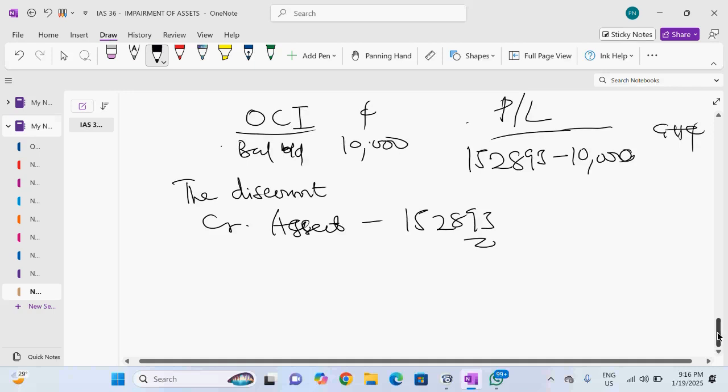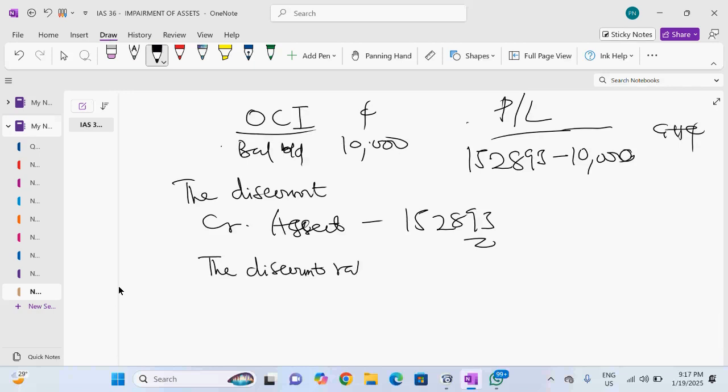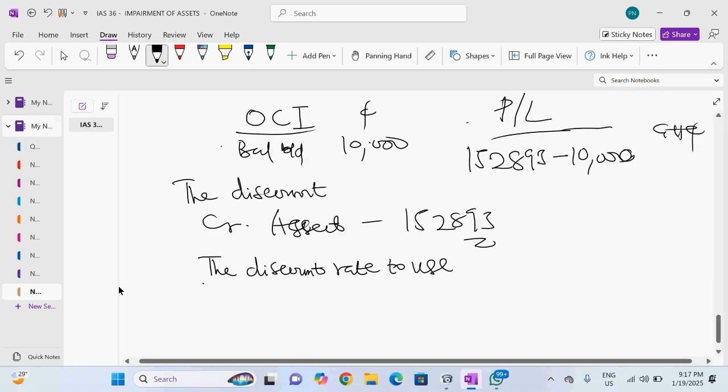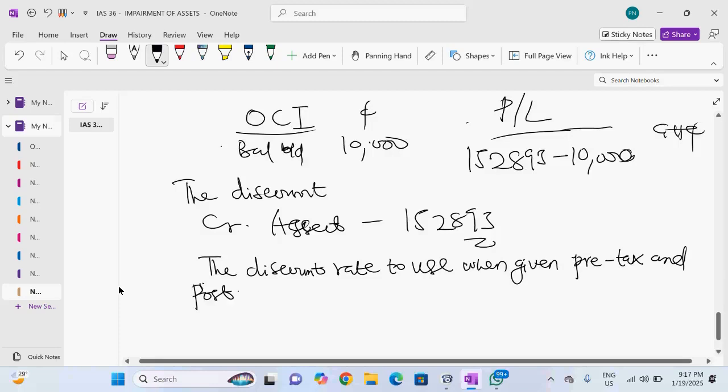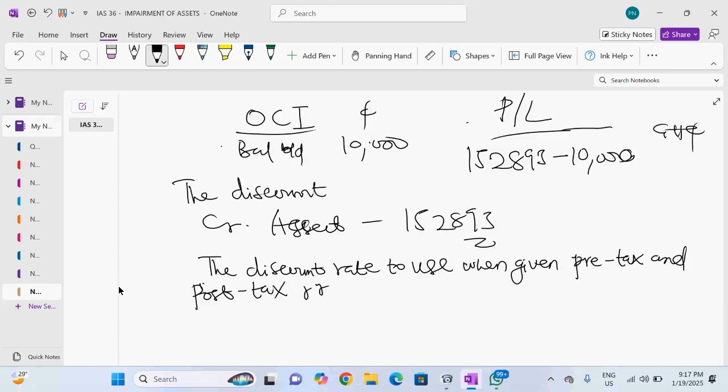So let's talk about discount rates. In certain instances, you can be given two discount rates, pre-tax and post-tax.